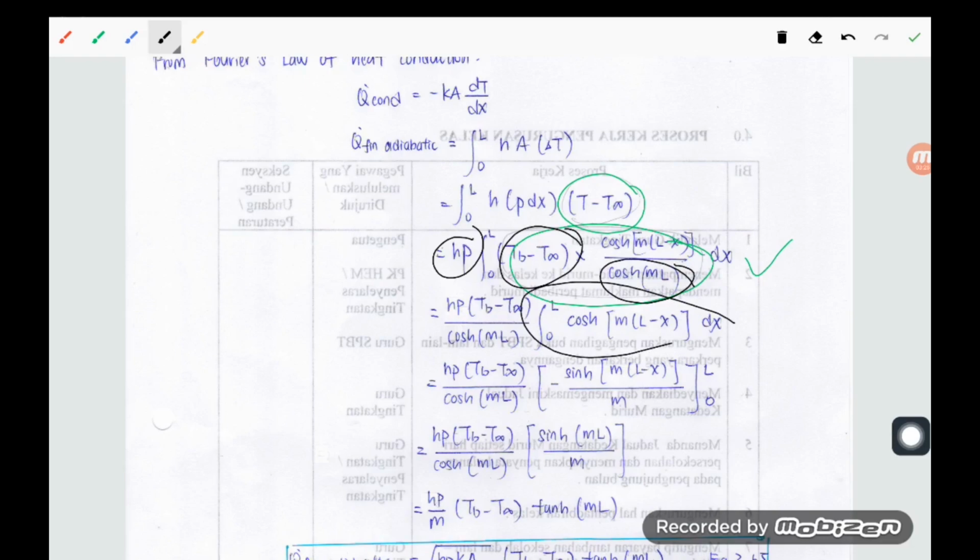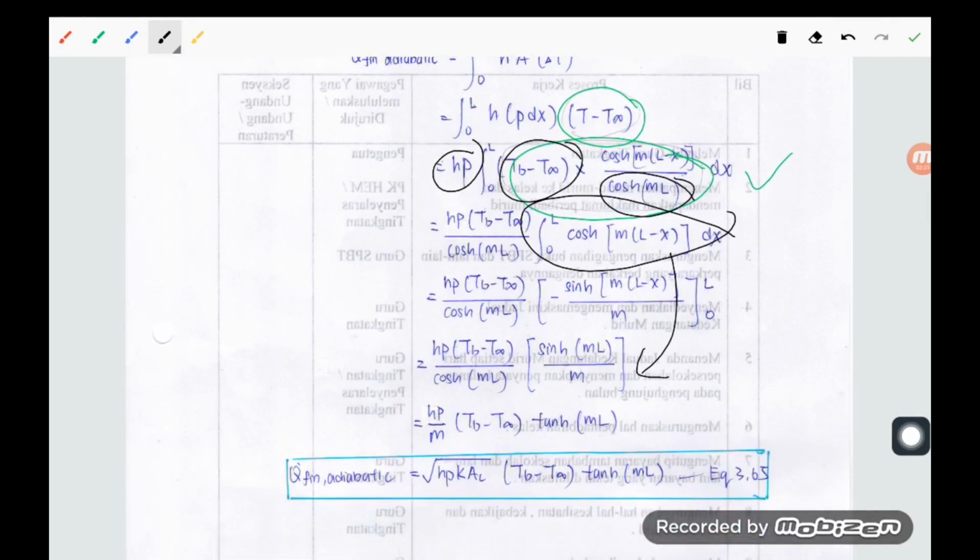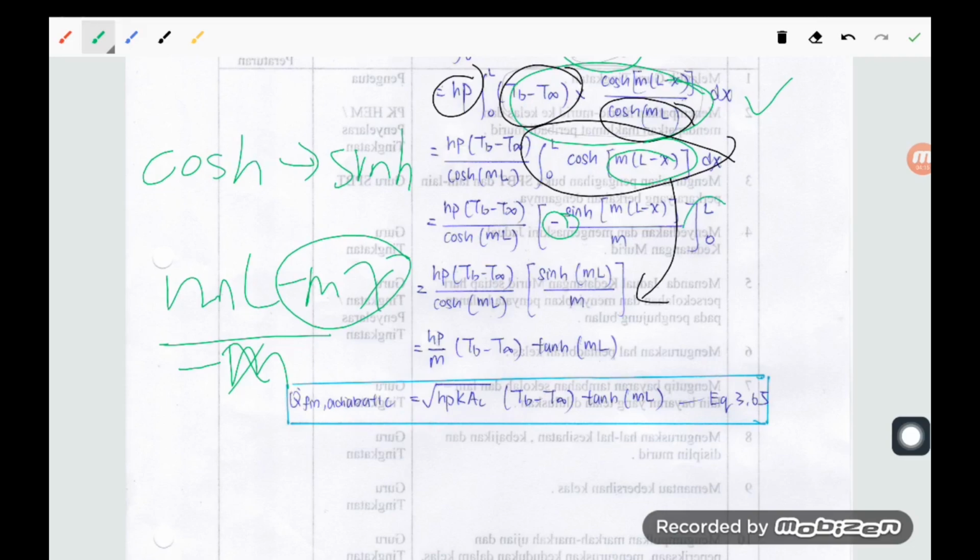After we integrate this, we will get this sinh mL, and after we substitute the limit, we get our final equation 3.65.